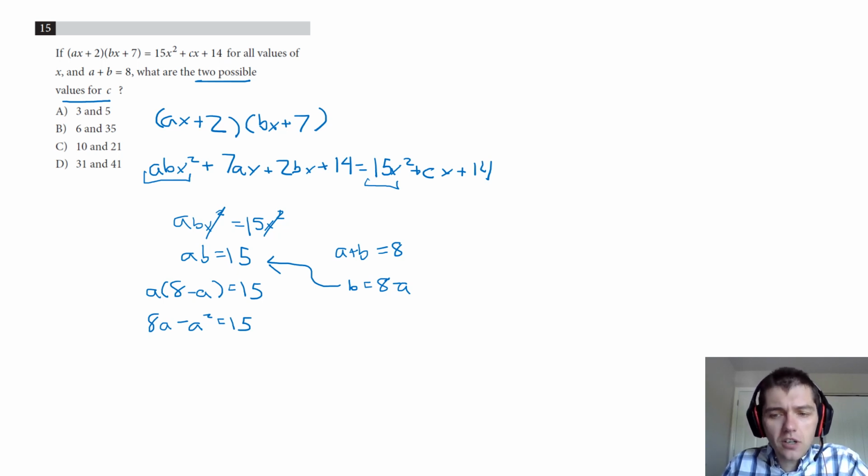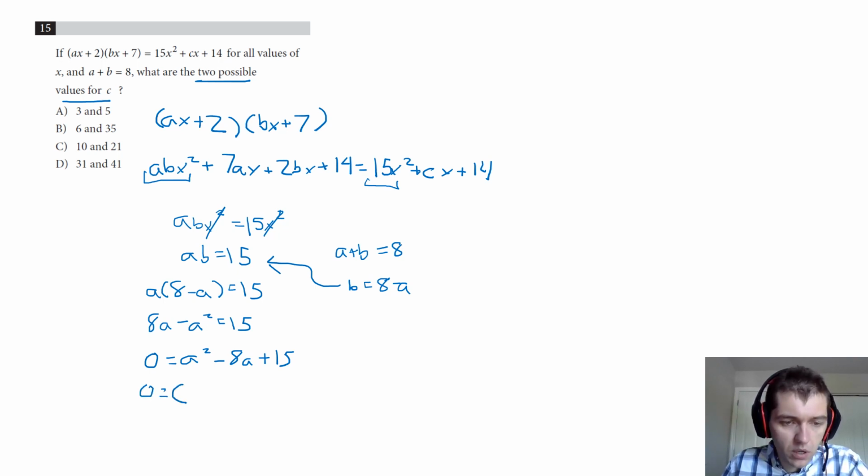That'll allow you to factor and solve for A. So we have 0 is equal to, let's move the A squared term, A squared minus 8A plus 15. Okay, now figure how to factor this. You have 0 is equal to, you'll have A, and then some expression, and then you'll have A, and some.